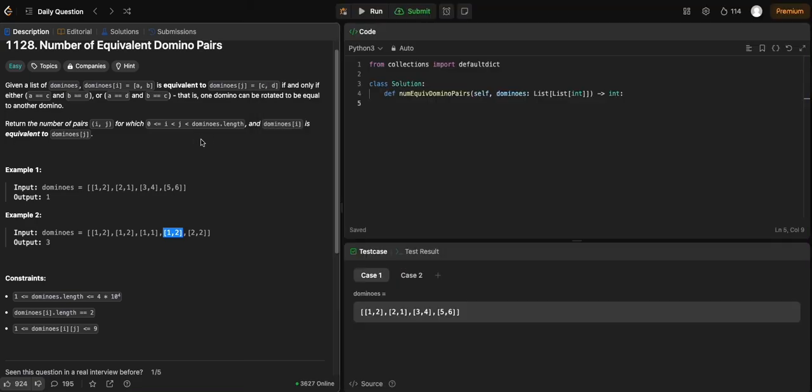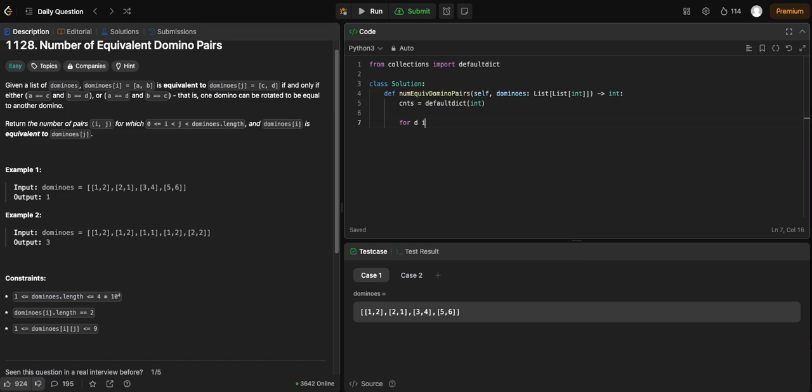But yeah, I think with all this knowledge, we can actually start coding. So let's just code it out. We need counts, a default dict, and it'll be an int.